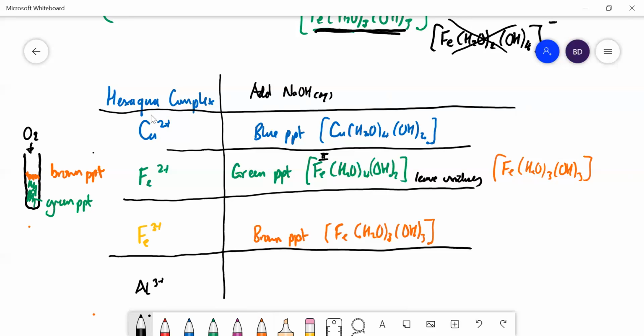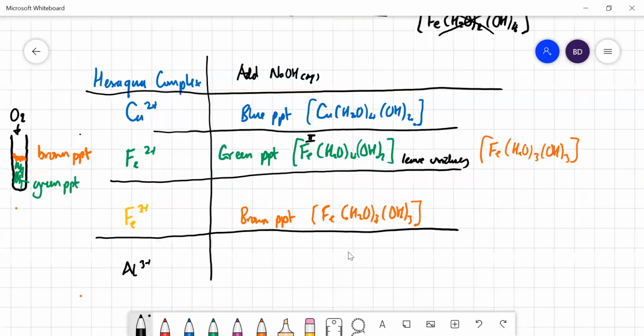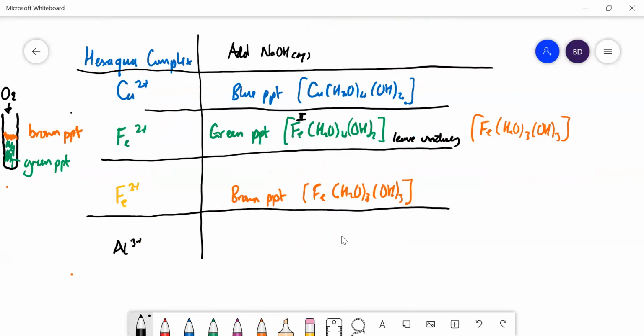Aluminium, that one is a bit more complicated, because first of all, if you add a little bit, you will get a white precipitate of aluminium Al(H2O)3(OH)3, and if you add excess, it redissolves.